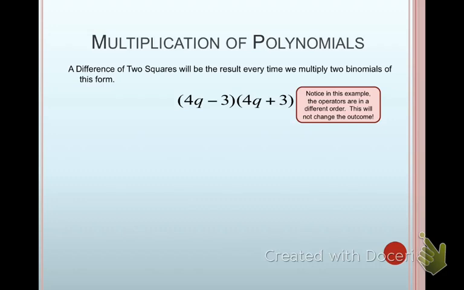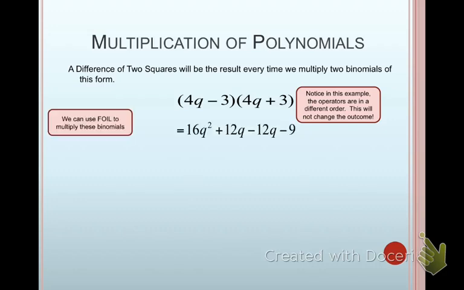4q minus 3 times 4q plus 3. Again, notice that these two binomials are essentially the same except for their operators. If we were to multiply them out using FOIL, we'd get 16q squared plus 12q minus 12q minus 9. And we would find that those two middle terms, if we combine the OI, cancel out.